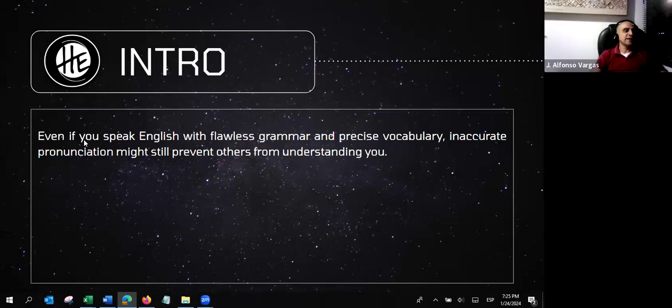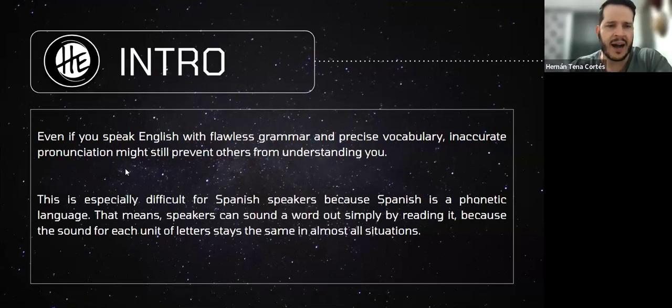Okay. Yes, even if you speak English with flawless grammar and precise vocabulary, inaccurate pronunciation might still prevent others from understanding you. Very good, very good. Adriana, can you read this paragraph, please?